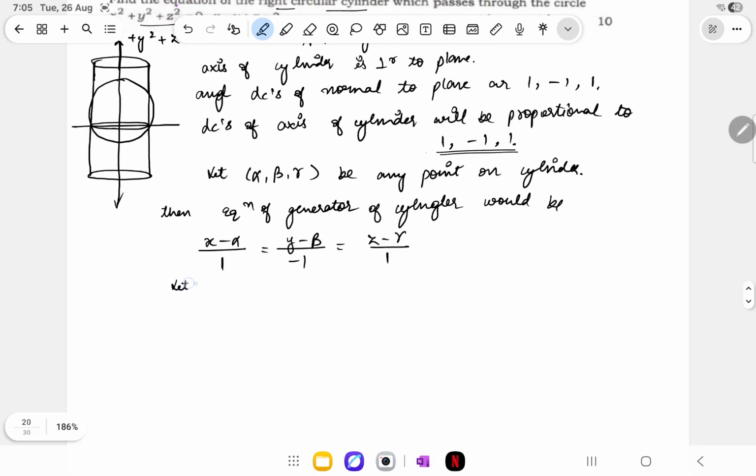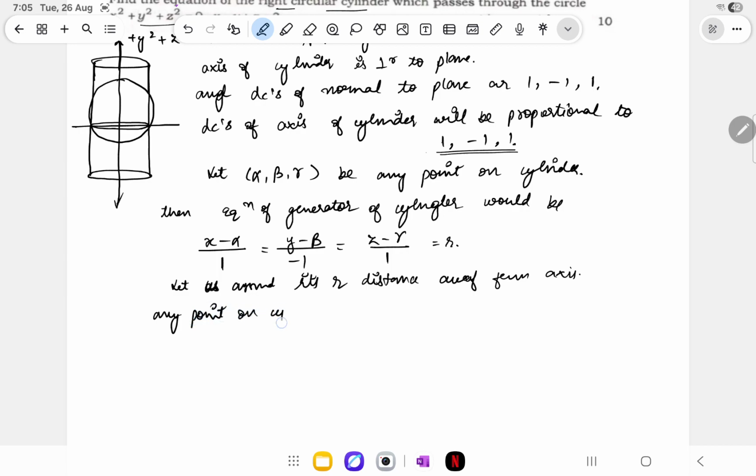Also let us assume that it's r distance away from the axis. Let us equate with r and find any arbitrary point lying on the cylinder. Any point on the generator will be r plus alpha, minus r plus beta, and r plus gamma.